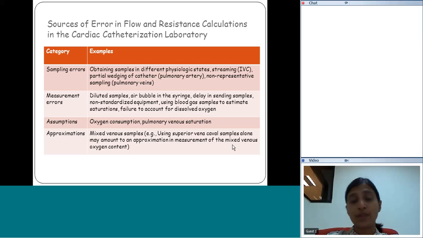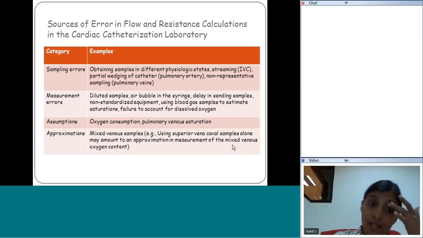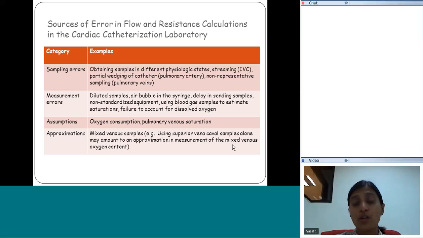Now, another important point, very important, I see a lot of people do this, is failure to account for dissolved oxygen. Okay, so like we discussed, in baseline status, the amount of dissolved oxygen is only minimal. So it doesn't really need to be accounted for. It doesn't make a big difference. However, when you give 100% oxygen, this amount of dissolved oxygen is a huge part of the oxygen content.